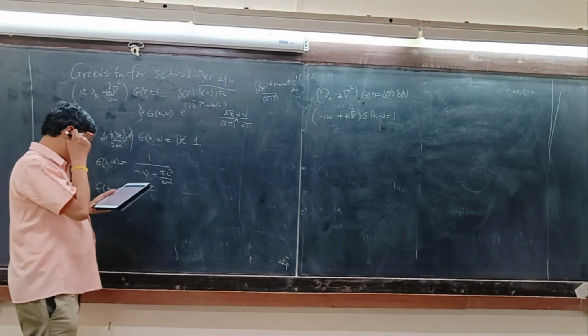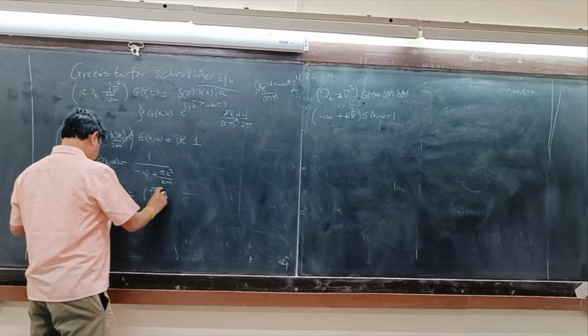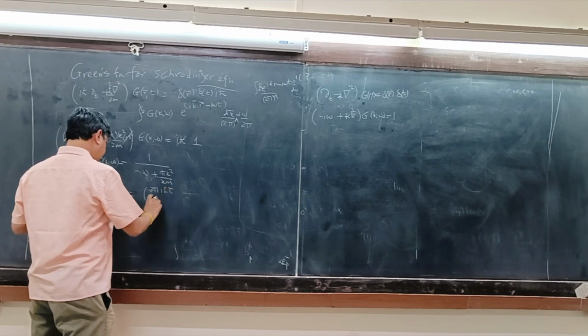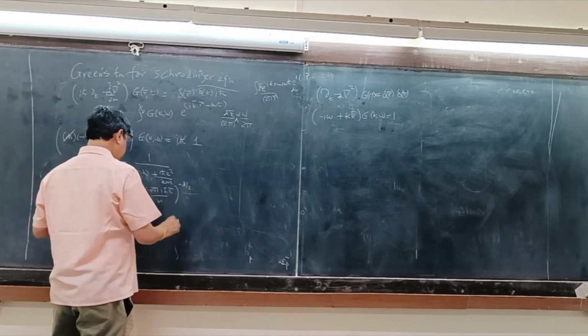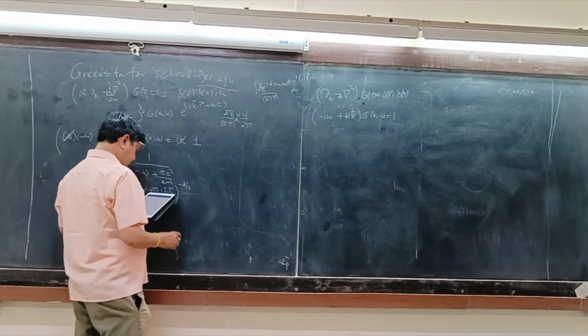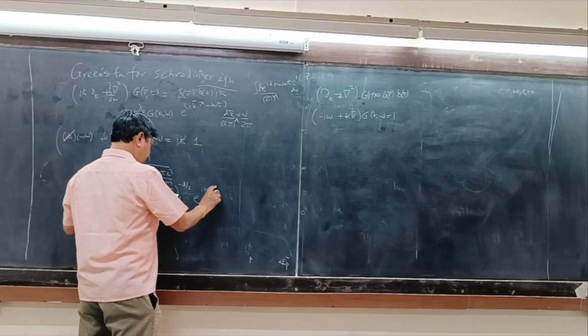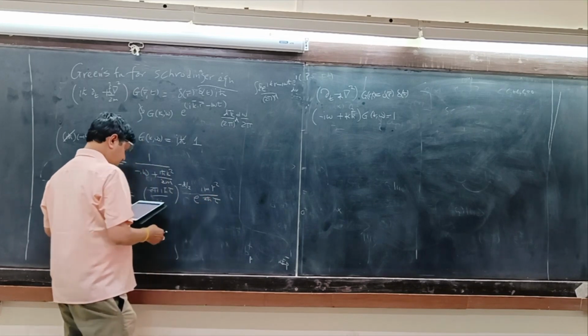I have shared the notes before the exam. So it is 2 pi i h bar tau by m to the power minus d by 2, times the exponential of i m r squared by 2 h bar tau.